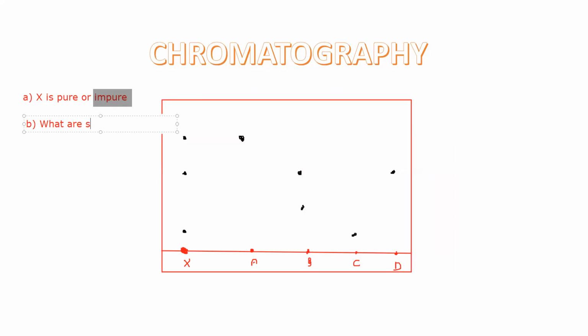Now, what are the substances present in X? So now we are checking what substances are present in X. If we check A, if the same substance is present in X, they will have the same positions. So is A present, yes or no?